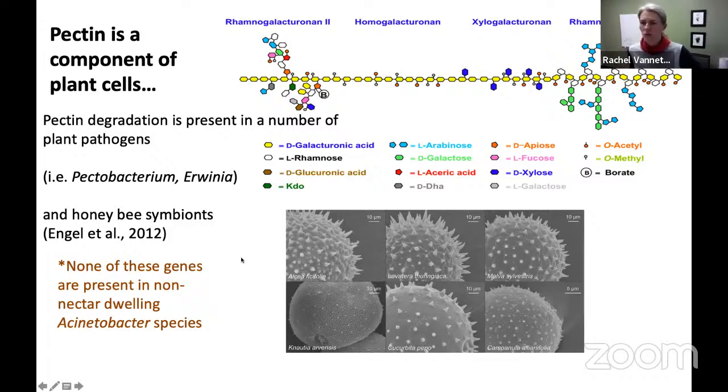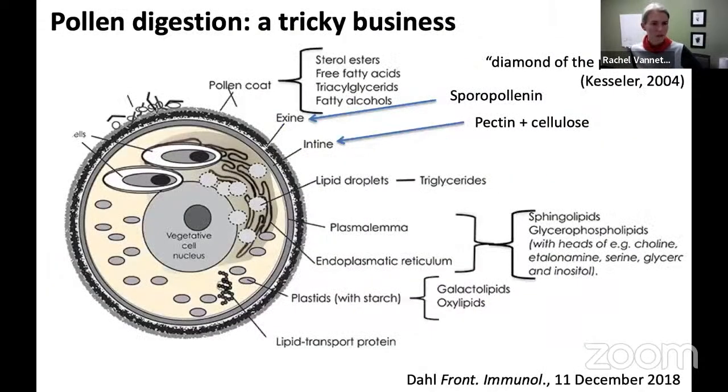And so we hypothesized that perhaps these genes might underlie interaction between the bacteria and pollen. And interestingly enough, pollen is pretty tough, right? Pollen is comprised of many different layers.